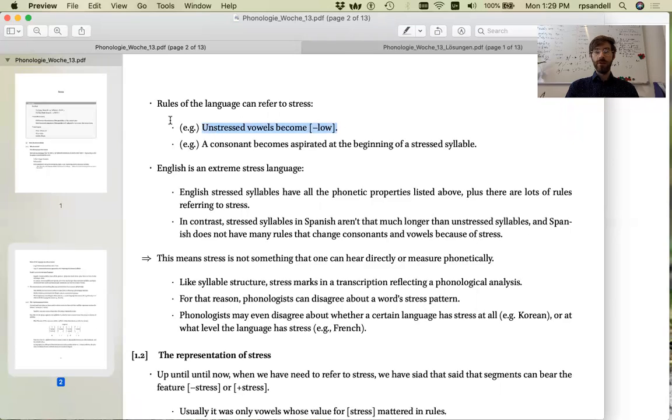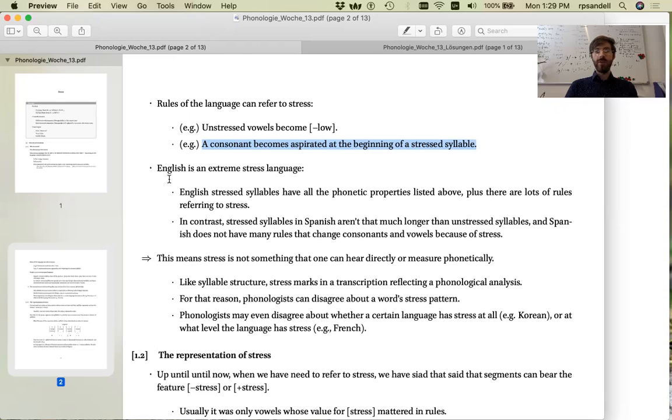For instance, in Brazilian Portuguese, we saw that the vowel a was raised to schwa, became non-low when it was unstressed. And in English, it's generally the case, not universally, there are further conditions, but typically voiceless consonants will become aspirated, will become plus spread glottis at the beginning of stressed syllables.